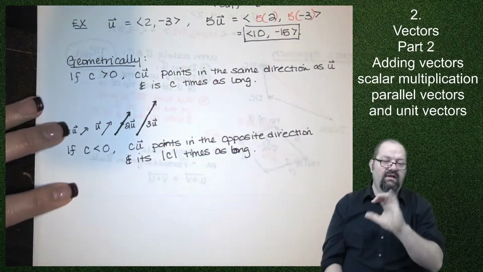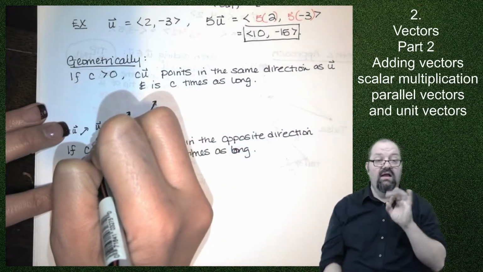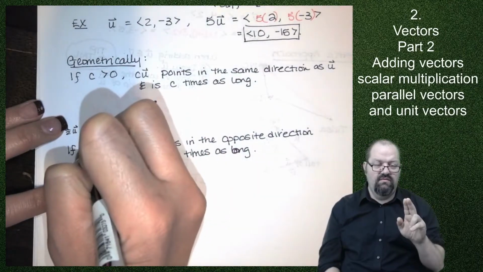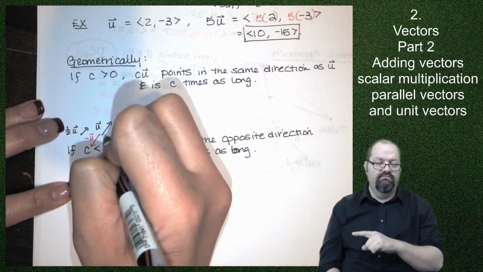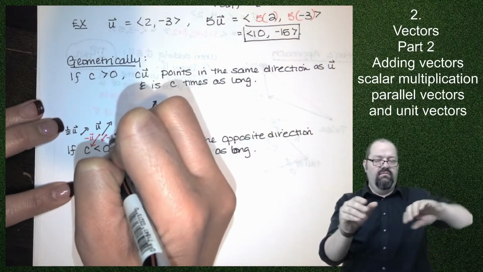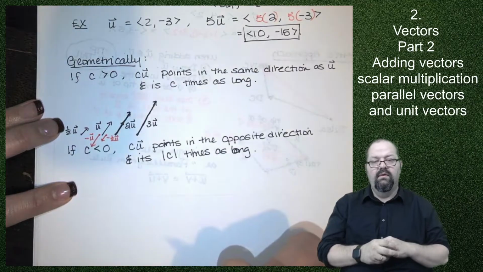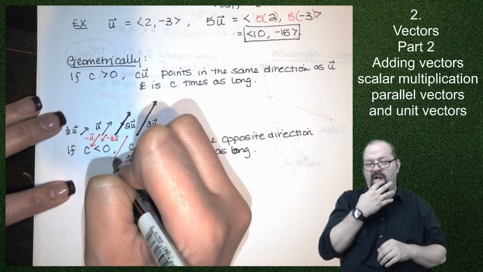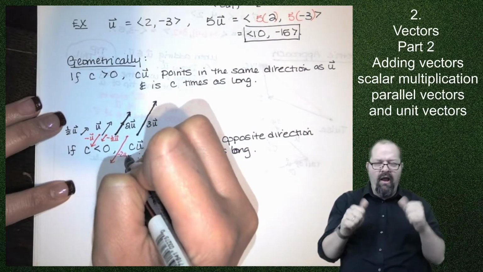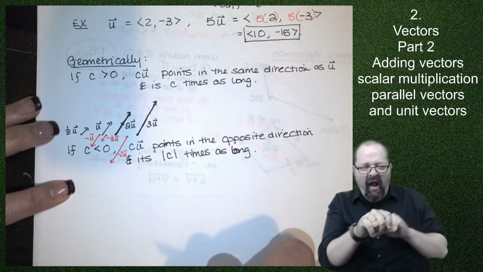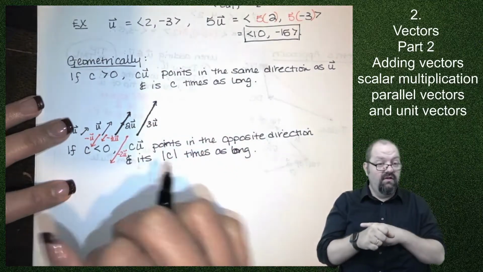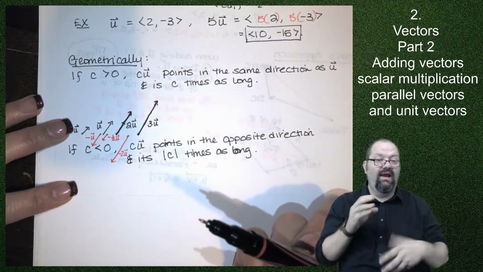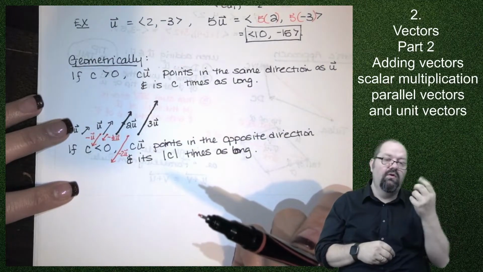So if that's my u, negative u, I try to draw it exactly the same, but in the opposite direction, that's that right there. And negative 1/2 u points in the opposite direction and is half as long. Negative 2u, it's really hard to draw, might look like that. Twice as long, but in the opposite direction. It's like we added 180 degrees or pi radians to our angle.